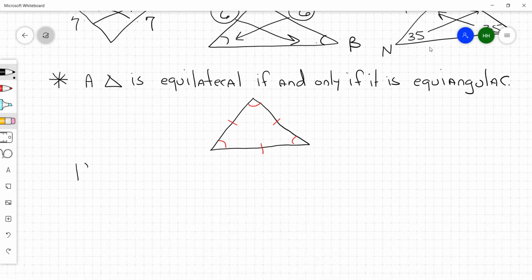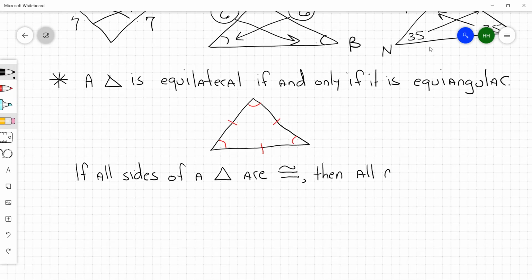We can say that if all sides of a triangle are congruent, then all angles are congruent, and if all the angles in a triangle are congruent, they're all the same as each other.